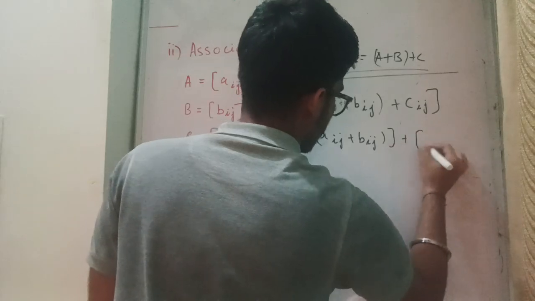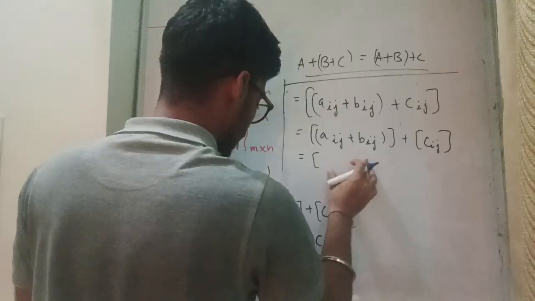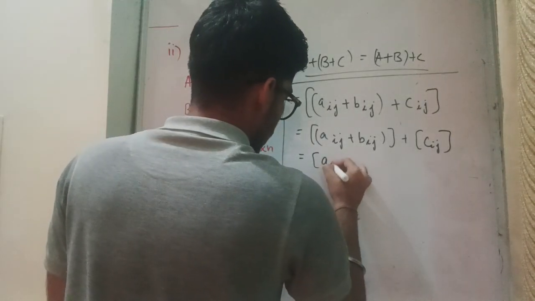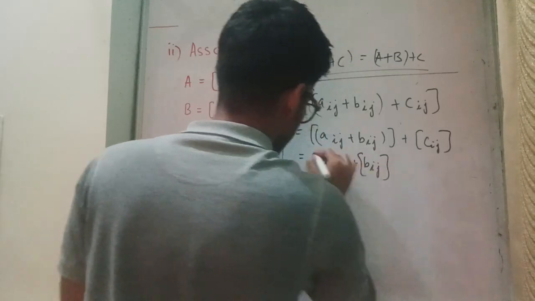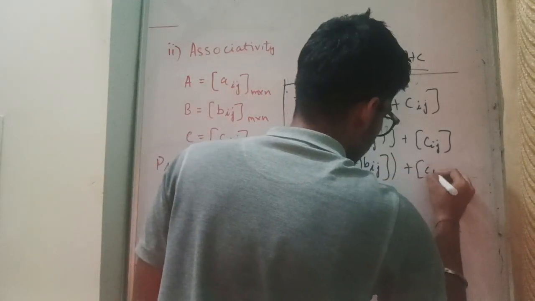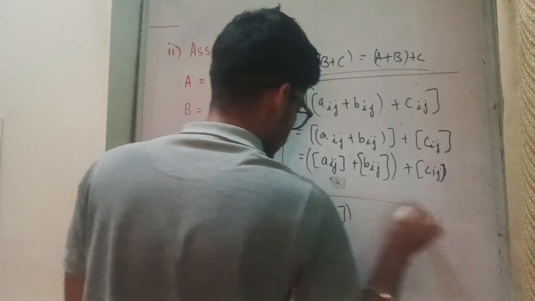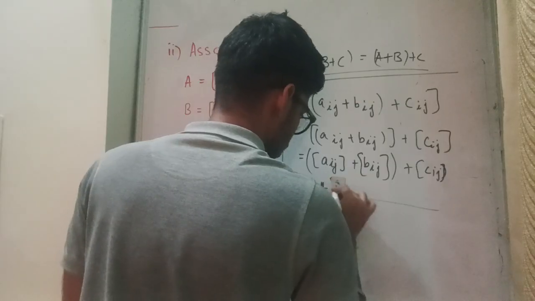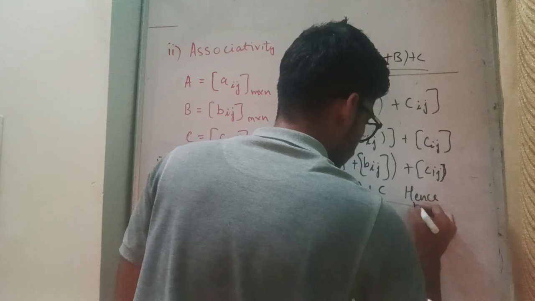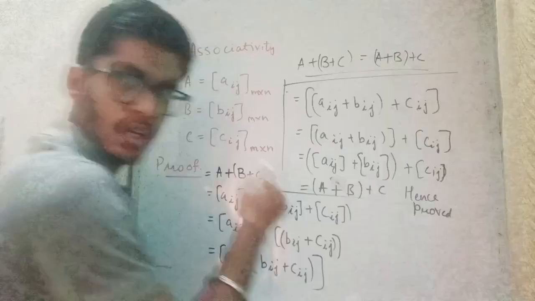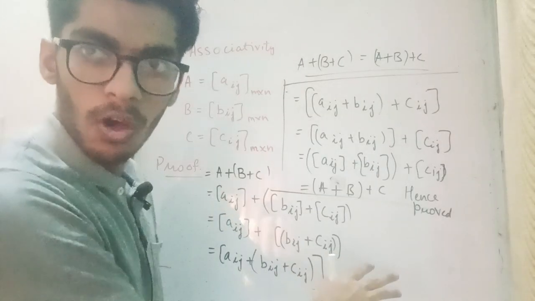So I can write it like this, and further, I can write it like this. That is (Aij plus Bij) plus Cij, and this is equal to (A plus B) plus C, and hence we have proved our result for associativity, that associativity also holds true for matrix addition.